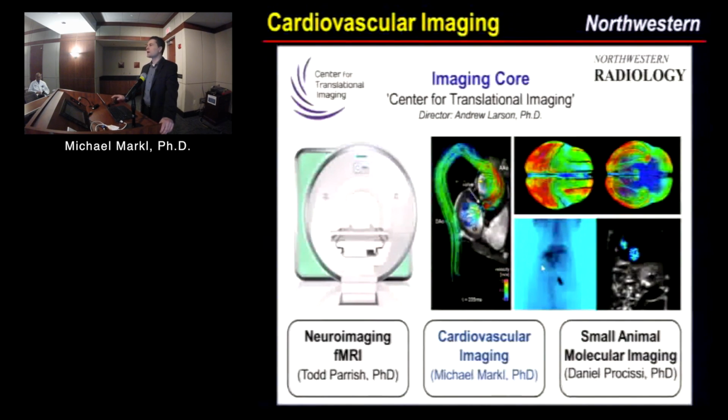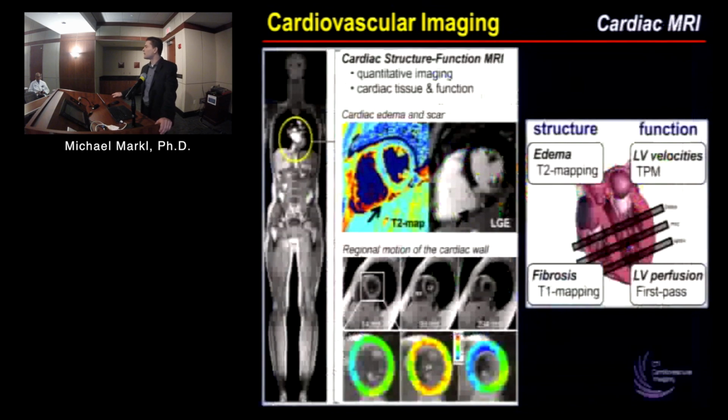I'll talk today about the work we've been doing in the past couple of years. As a brief overview, there are two main areas we work on. One is cardiac structure-function imaging, where we use new MR imaging technology to better understand structural and functional abnormalities in the heart.